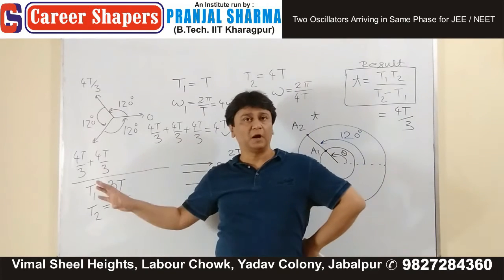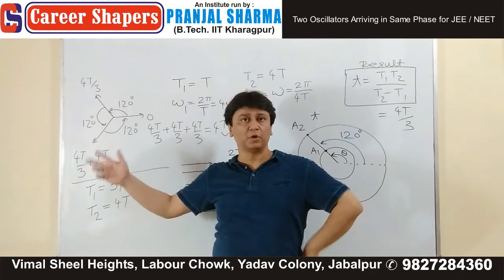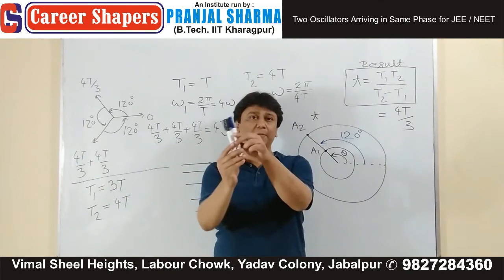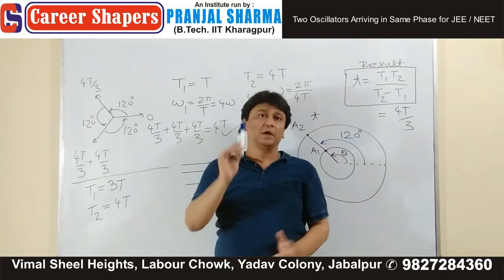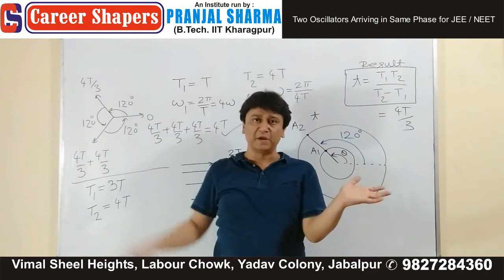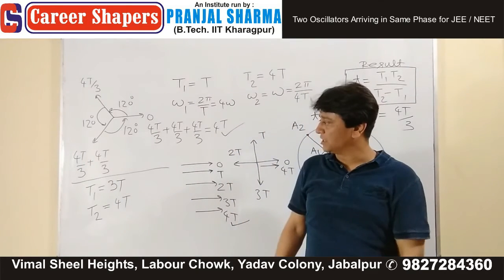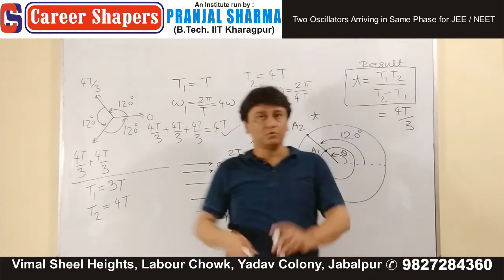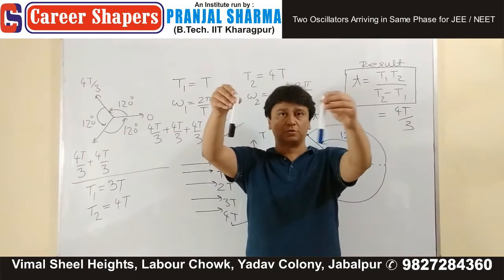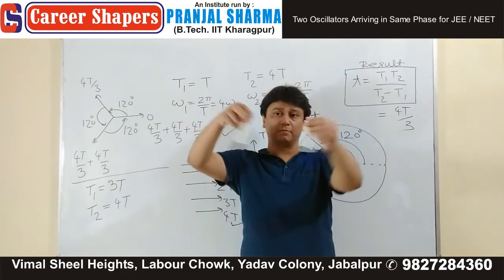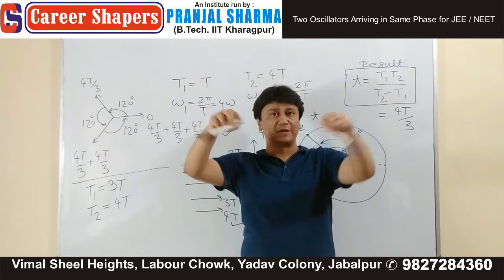In the first part, they can meet anywhere. The only requirement is that they must subtend same angle with the initial. In the second part, they must meet at the mean position itself. So it's like two oscillators. If one is fast, then they will lose the synchronization.